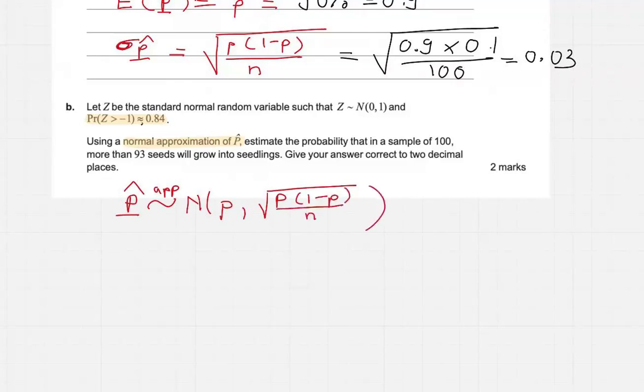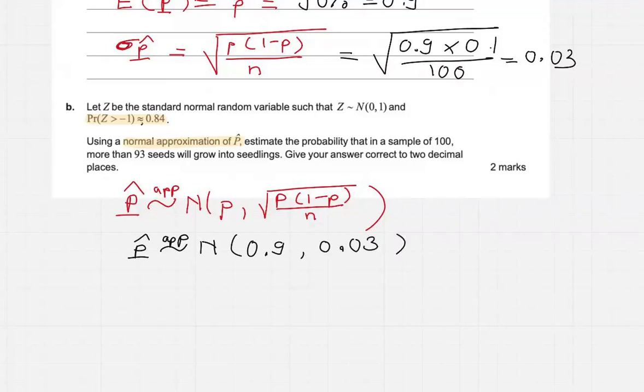Now let's put in the numbers. In this question, our sample proportion would be approximately normal with mean 0.9, and as before, the standard deviation would be 0.03.